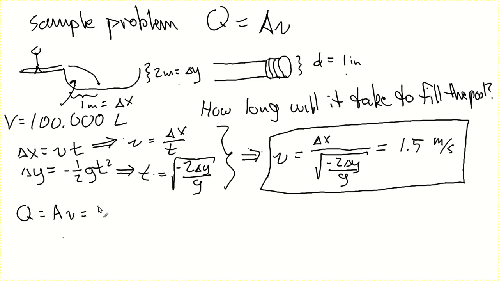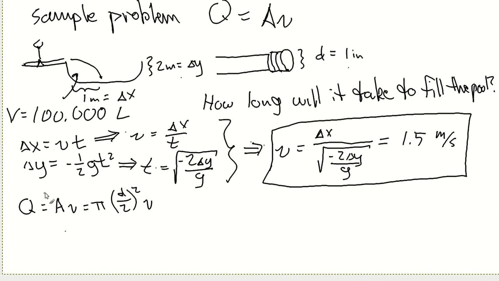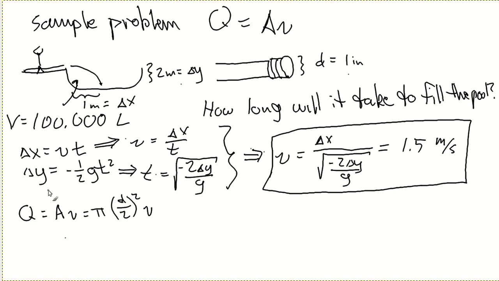Area is pi r squared, or pi d over 2 squared, multiplied by velocity. Let me create a line here just so my equations do not get mixed up. Pi d over 2, d is 1 inch.